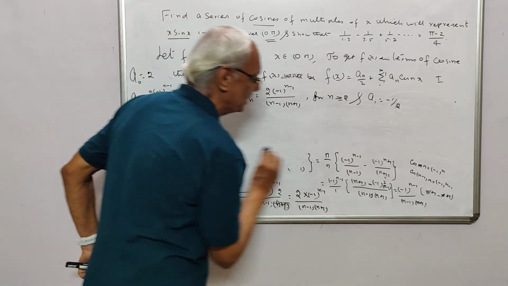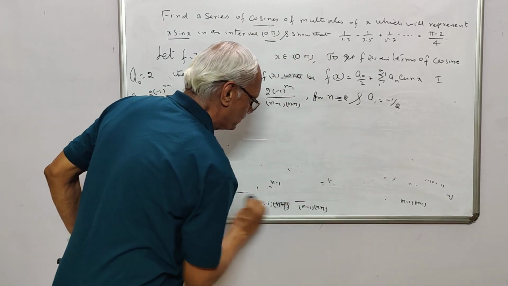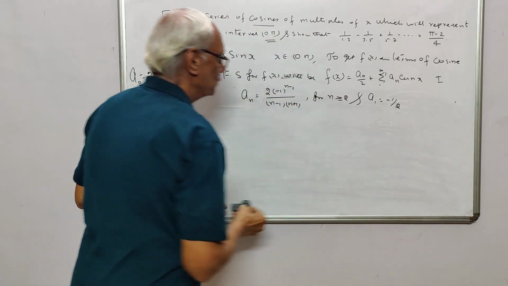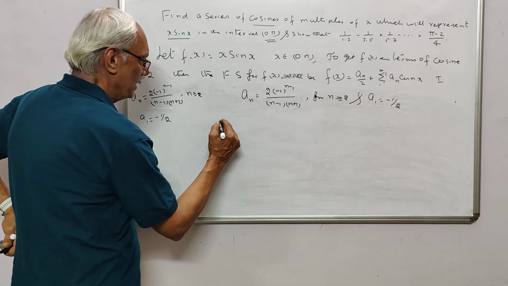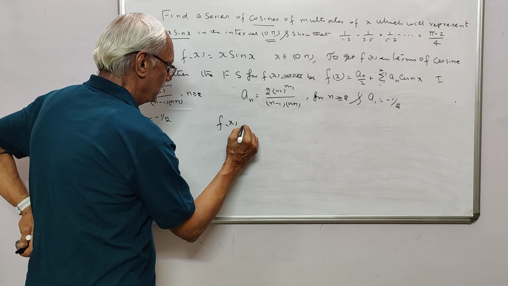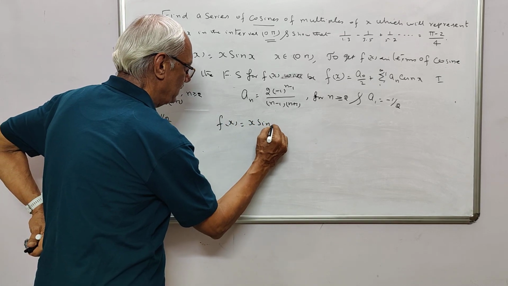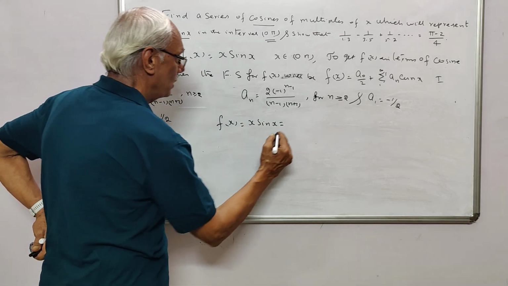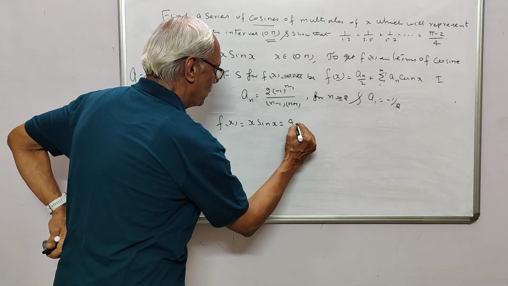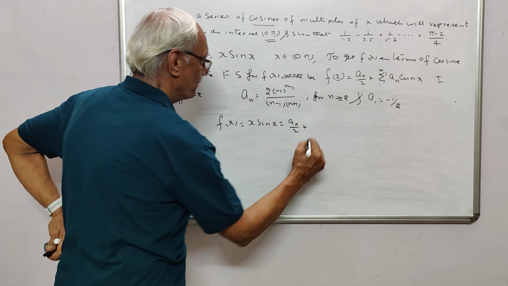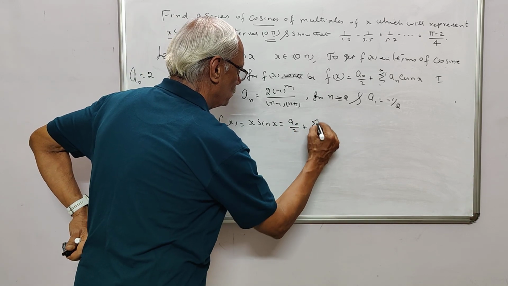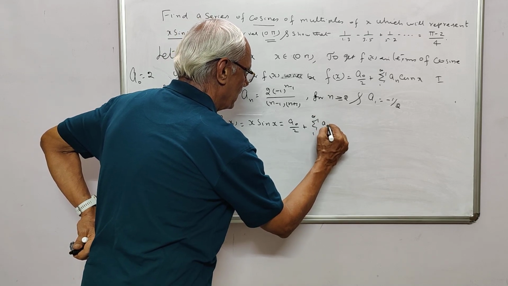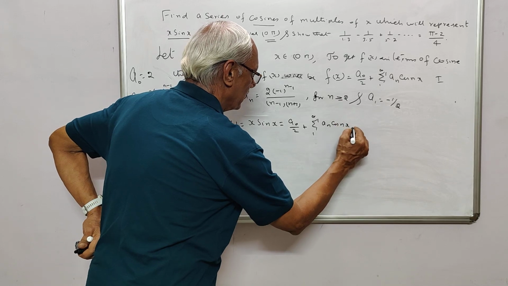Now let me write the Fourier series in terms of cosine. So what is your f of x now? f of x is equal to x sin nx is equal to a0 by 2 plus sigma from 1 to infinity of an cos nx.